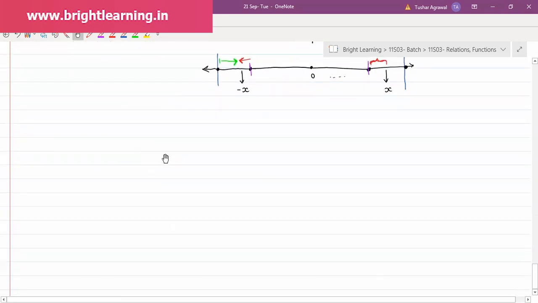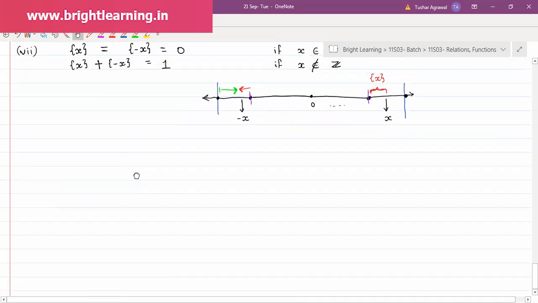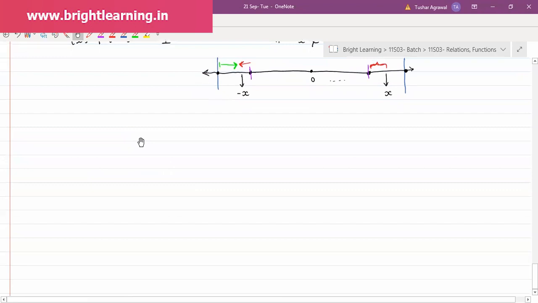Actually, you just have to understand the symbol. The symbol is nothing like algebra of functions.